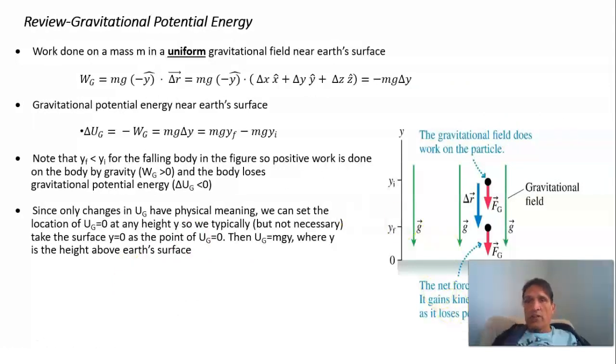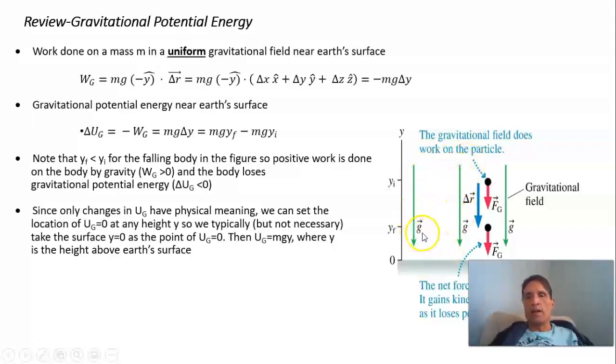So here's an example of gravity again. If you can understand gravity, it's a simple step in understanding electrical. Here's a uniform gravitational field, in other words, you're close to the Earth's surface. The gravitational field strength, g, is constant.